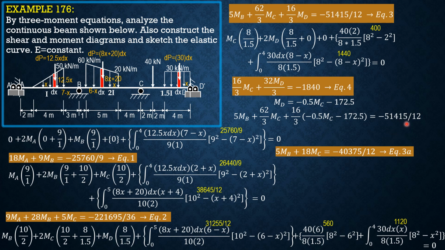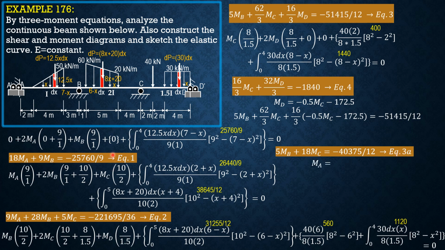Then negative 51415 over 12 plus 16 times 172.5 over 3, it becomes positive to the right. So the net value is negative 4375 over 12. Call that equation 3a.